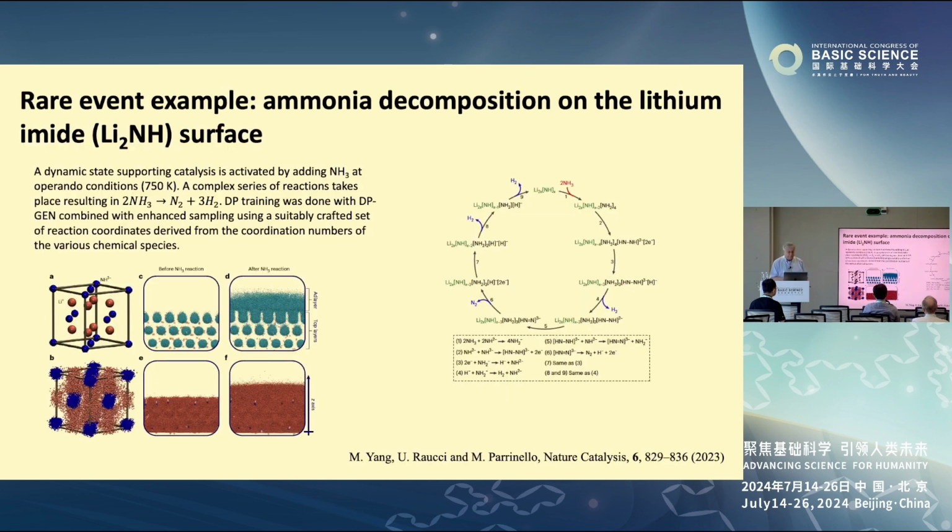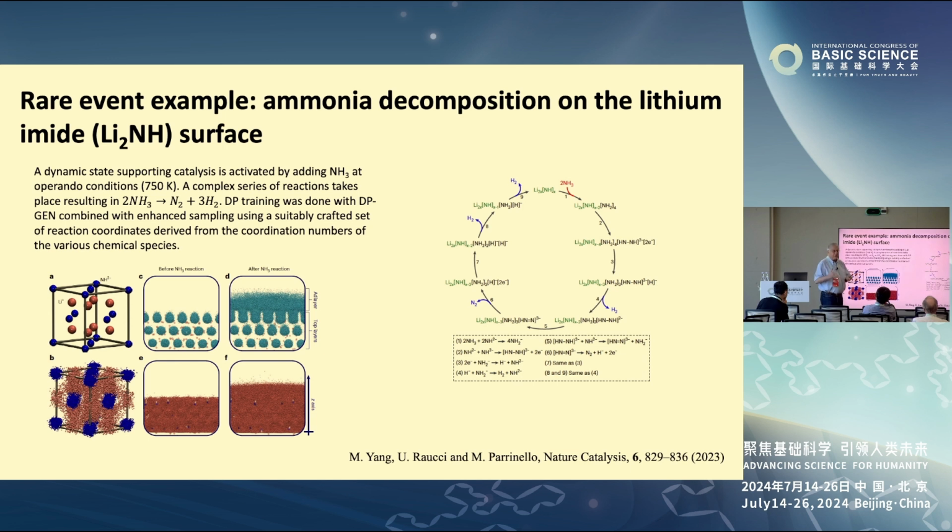The other example that I want to mention is just a recent work, again by my friend Parinello, in which they considered a catalytic reaction at what the chemists call operando conditions.